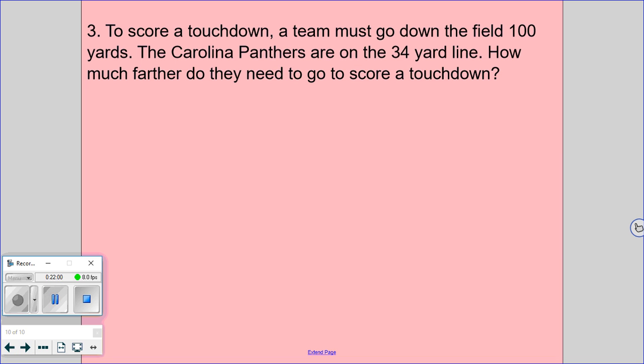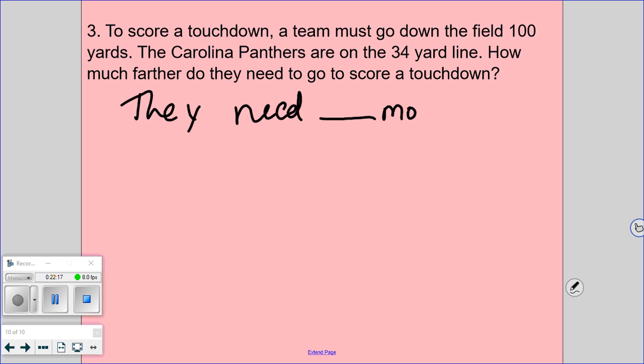What could be my answer sentence, Aiden? Okay, they need blank more yards. Remember, there's what I'm counting.